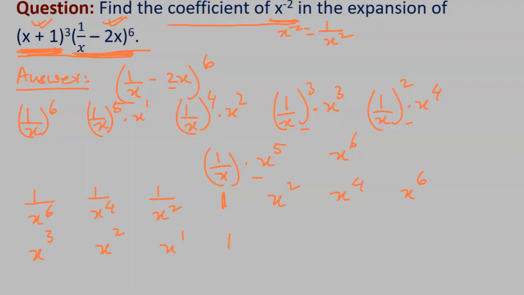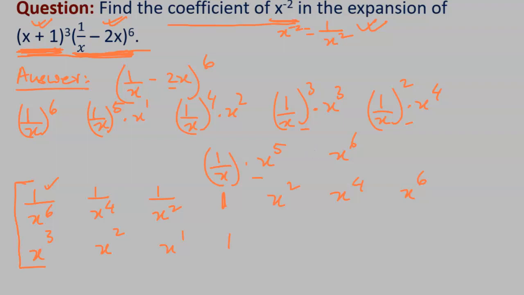So which two terms will get multiplied to give us the term containing 1 over x square or x to the power of negative 2? If we start with this 1 over x to the power of 6, so x to the power of 6 is in the denominator and we have to get x to the power of negative 2 or 1 over x to the power of 2.